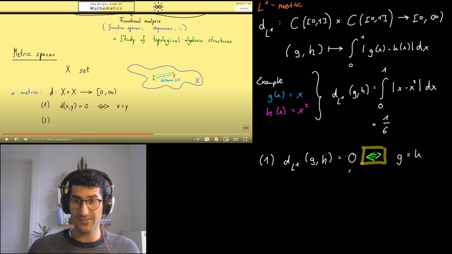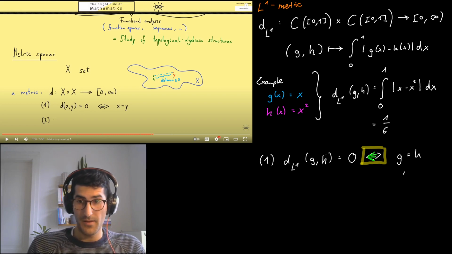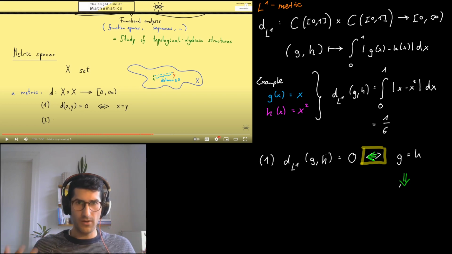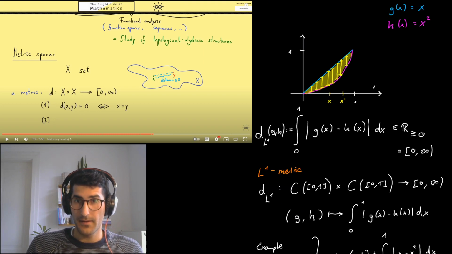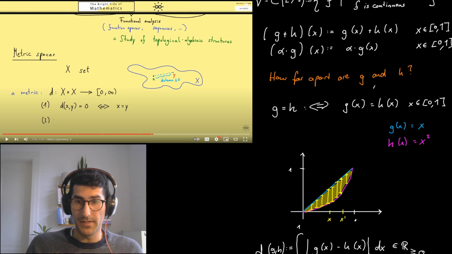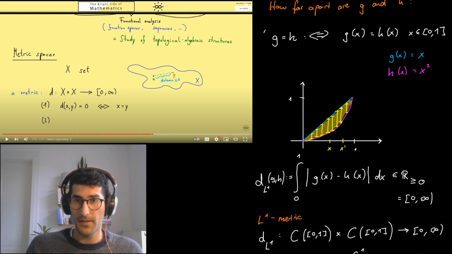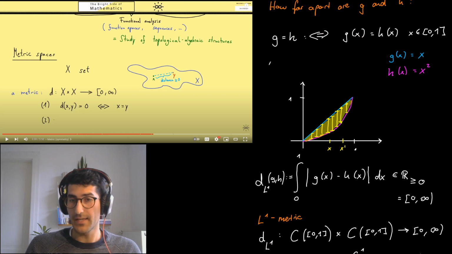This is a fairly straightforward proof. We start out by recalling what equality means in our space. Two functions are equal if and only if they coincide on every point in their domain of definition.